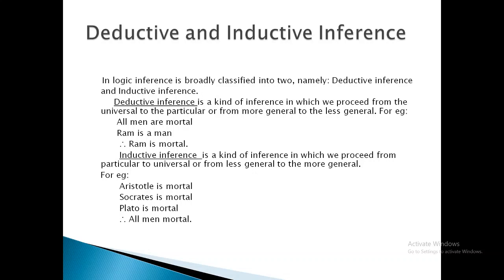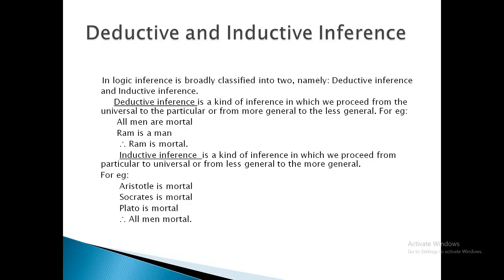But in case of deductive, you are passing from general to particular. The basic difference, what I want to say, is the basic difference between deductive inference and inductive inference. Both are inference. You are inferring. In one case, you proceed from universal to particular.